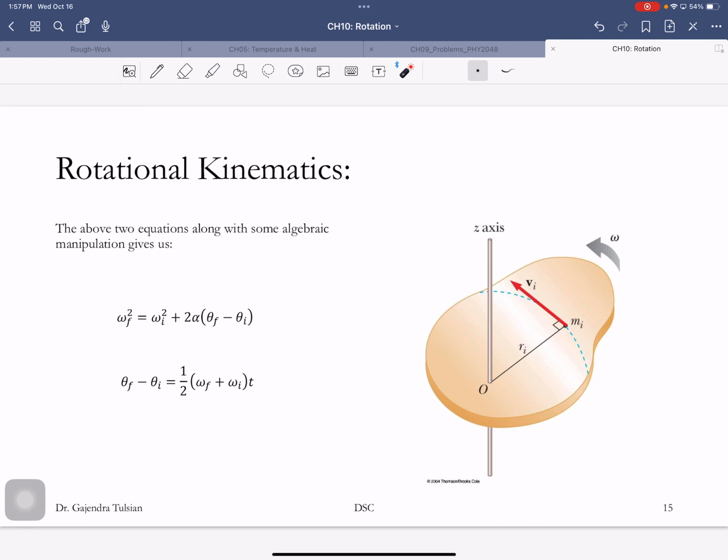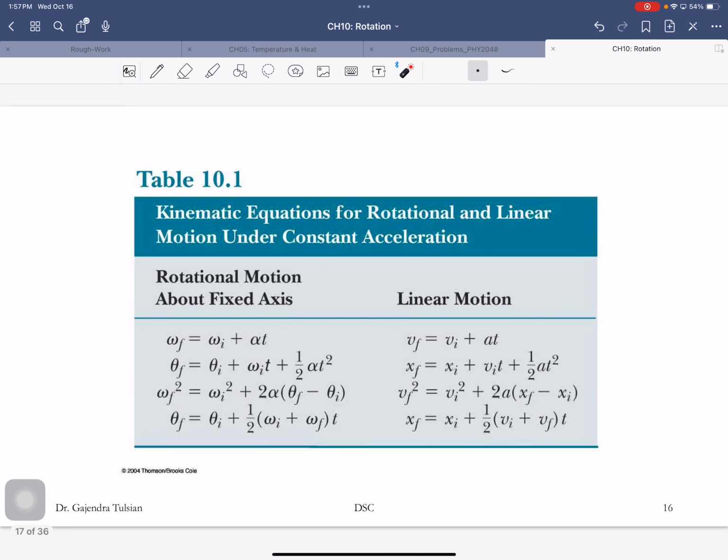Similarly, you can derive that the final angular velocity squared is equal to the initial angular velocity squared plus 2 alpha times theta final minus theta initial. So what we're saying is the following. These are the kinematic equations for rotational and linear motion under constant acceleration.